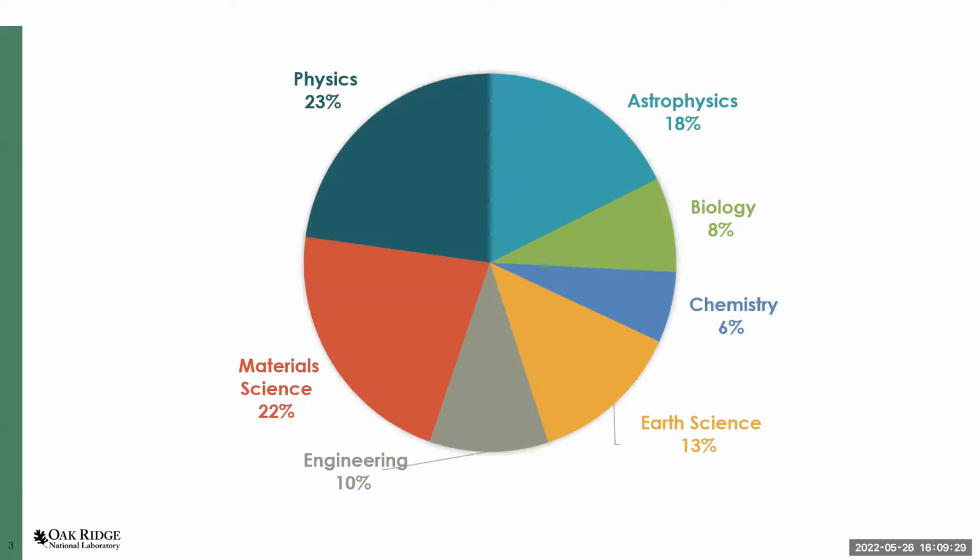The motivation for this comes from the types of applications that we see being run on these types of systems today. This pie chart shows a division by allocation of time. I think this is actually the 2020 Insight numbers that were used to make this pie chart, and roughly groups together codes according to the application areas in which they're used: physics and astrophysics, material science, chemistry.